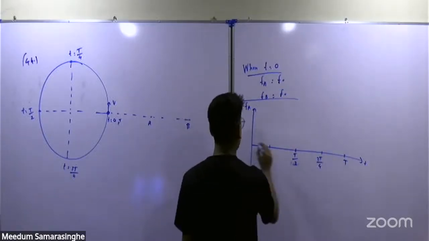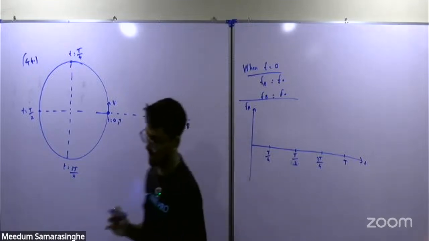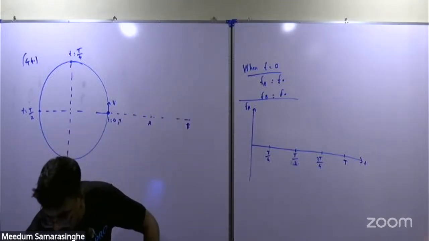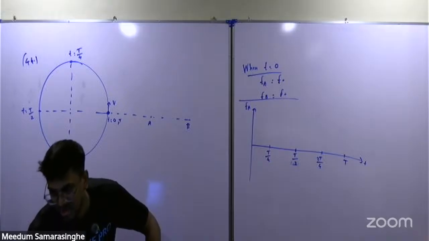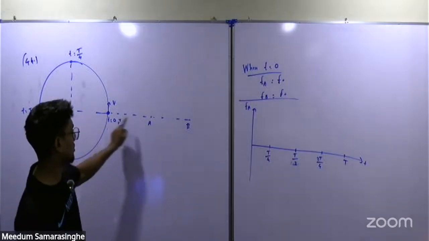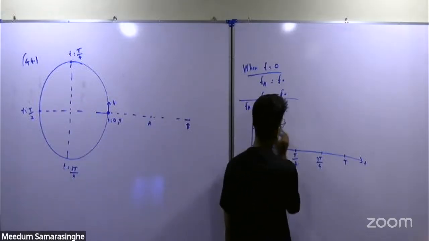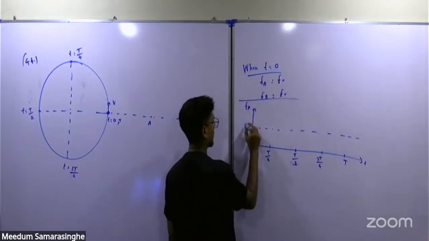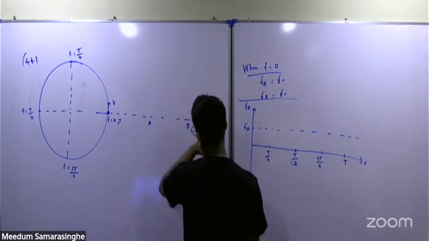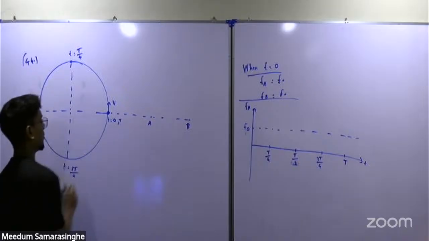When time equals 0, the frequency heard by A is f naught, right? So let's say this is the f naught level. When time equals 0, this is f naught, the frequency of A. Neglect point B for the moment.